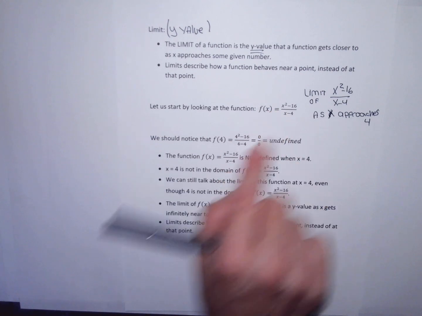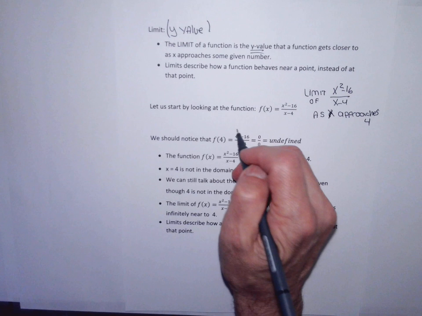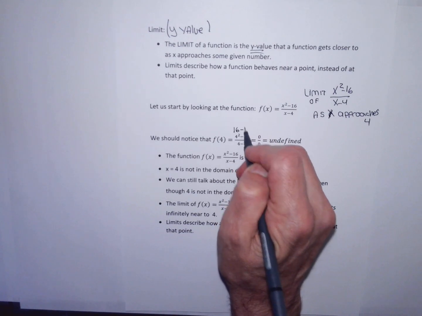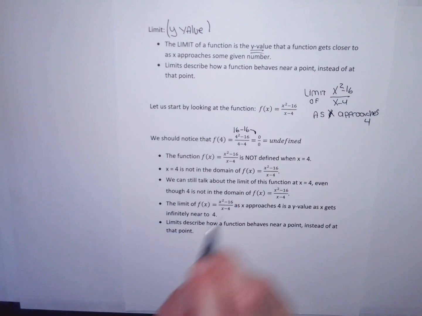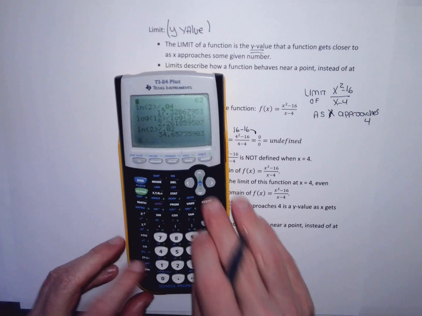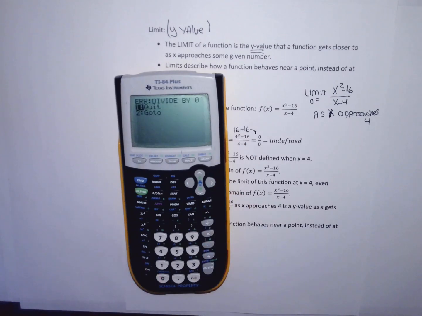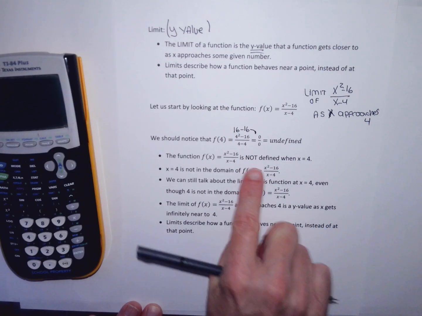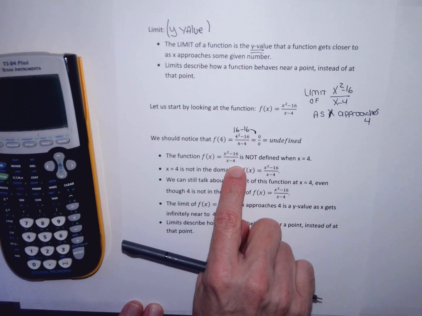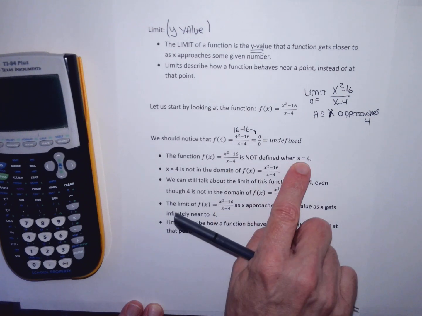In the denominator I get 4 minus 4. The numerator becomes 16 minus 16, which is 0. The denominator is 4 minus 4, which is 0. And we all know, some of us know, that 0 divided by 0 is undefined. So when you plug 4 in, you get undefined. The function x squared minus 16 over x minus 4 is not defined when x is equal to 4.